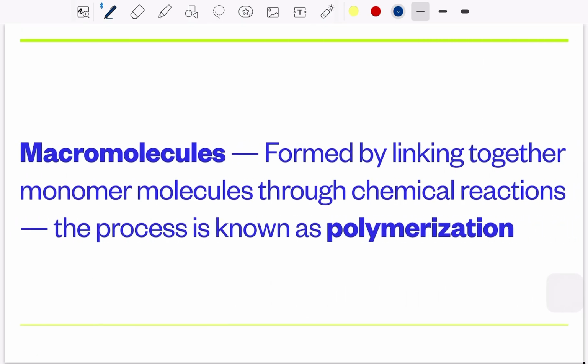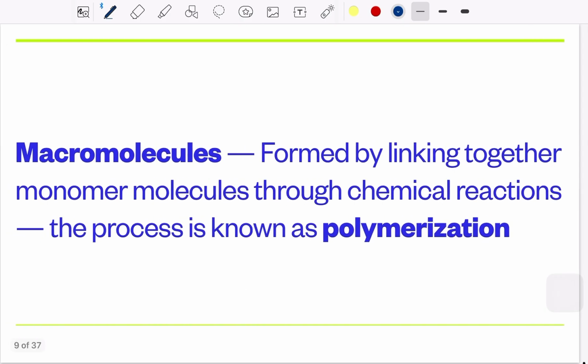I think all is covalent, we can say all. And the term macromolecules: they are formed by linking together monomer molecules, the repeating units, through chemical reaction. And we call that reaction polymerization. Okay?